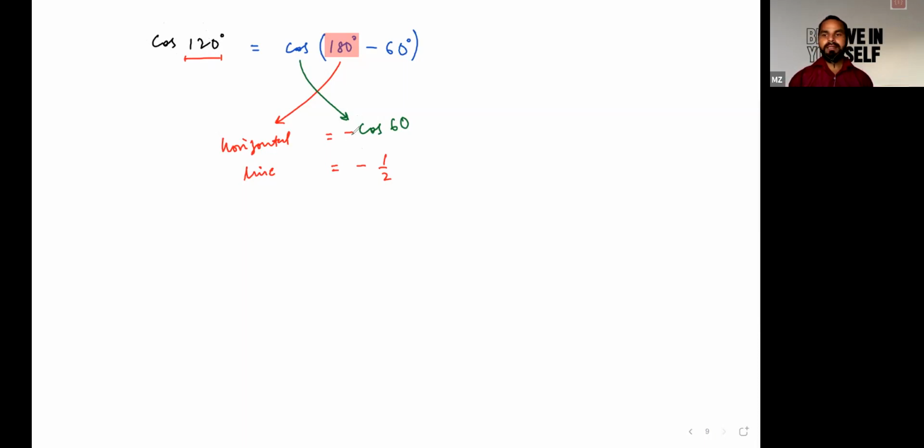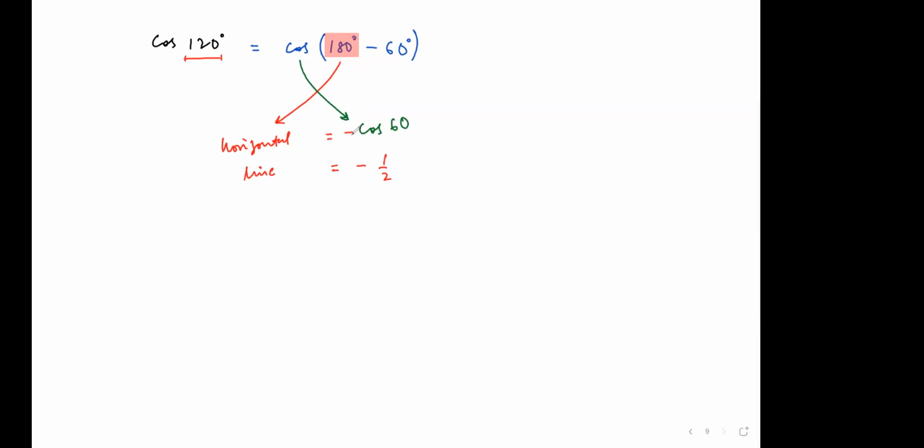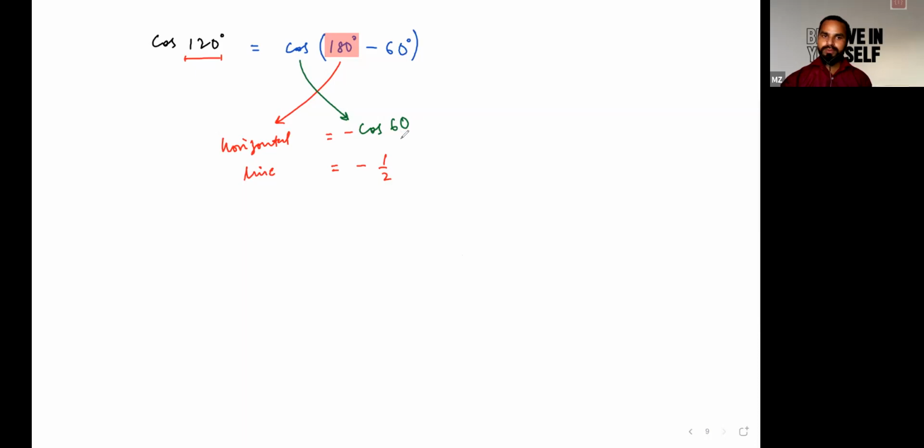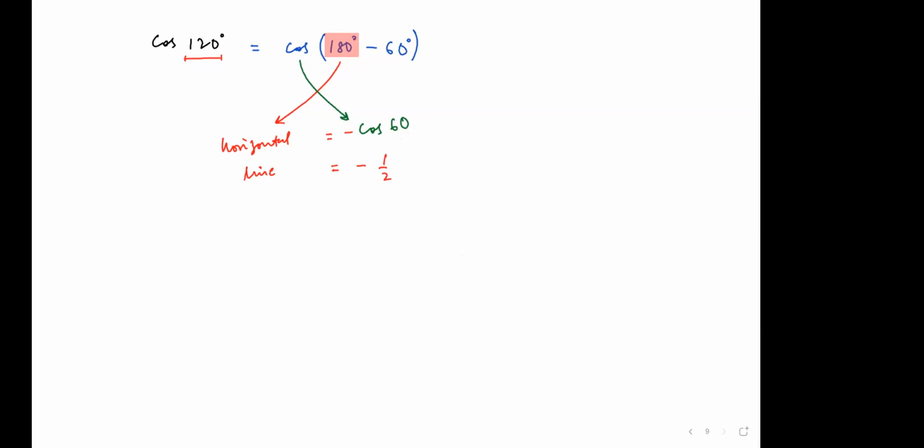Is it clear, Abhinav? Yes, sir. Now, cos of 60 degree is nothing but 1 by 2. So it will become minus of 1 by 2. Is it clear to everyone? Eriba, yes, sir.